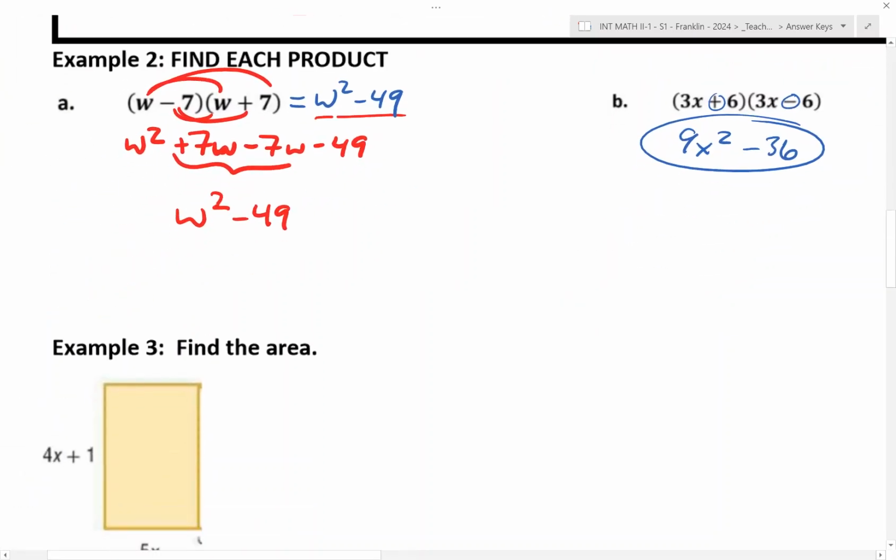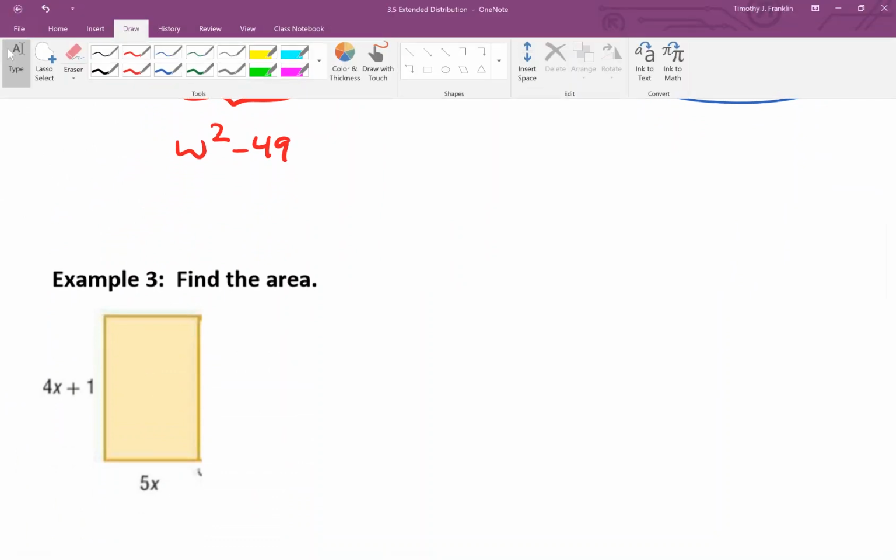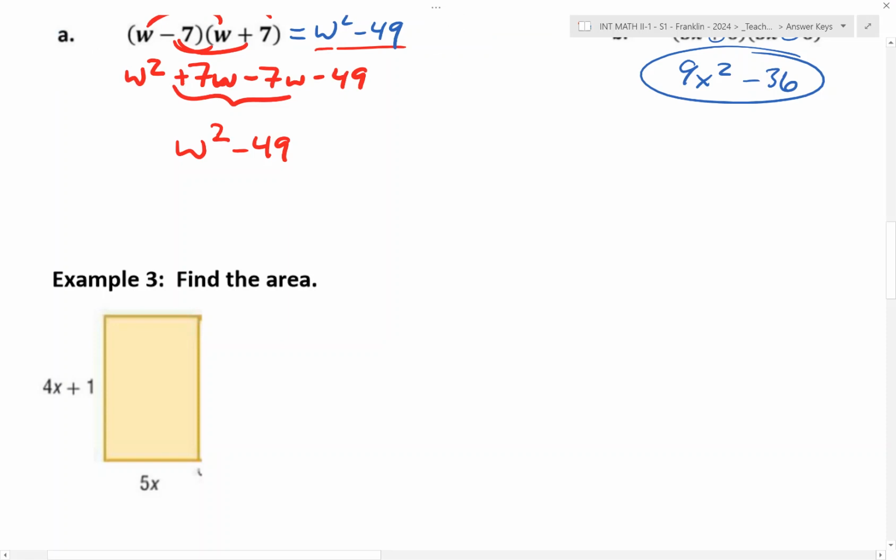Last example here, let's go ahead and find the area of this rectangle using what we know about polynomials. So remember, area of a rectangle is length times width. Now this rectangle, we don't know the numbers, but we know the length is 4x plus 1 and the width is 5x. So we're just going to multiply 5x times 4x plus 1.